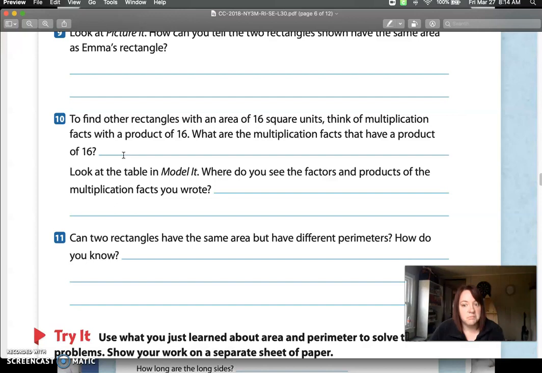Are we done? Am I missing something? You can also do 8 times 2, but that's still the same as 2 times 8. 3, no. 4 times 4.